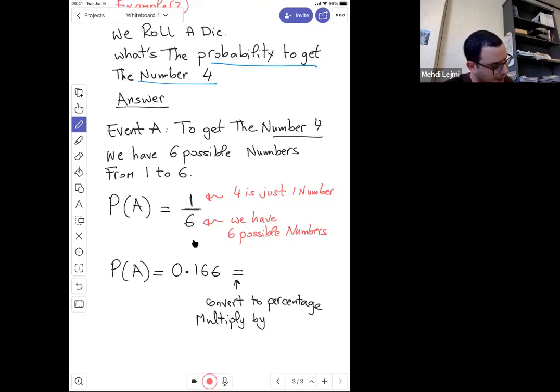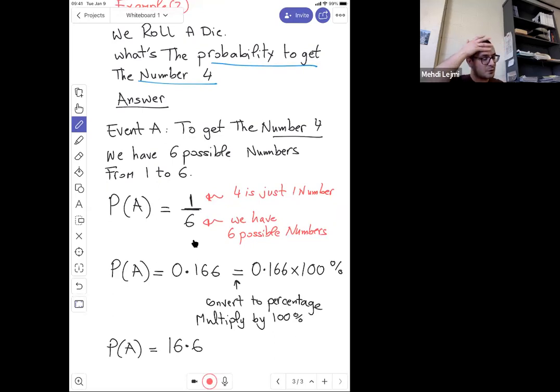So this is 0.166 times 100, and then there's a percent. So P of A is just 16.6 percent.